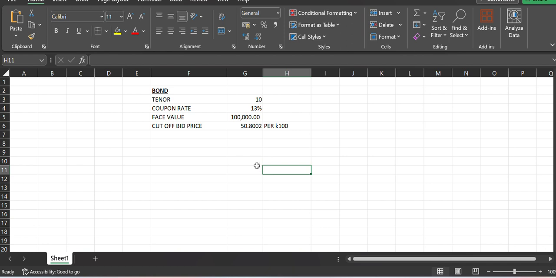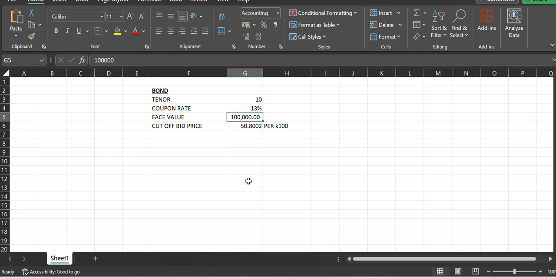So basically what this means is Bank of Zambia is saying our price for this bond will be this. What they're telling you is if you give us 50.8002, we'll credit you with 100 kwacha face value. But what you want in this particular bond is 100,000 kwacha face value.